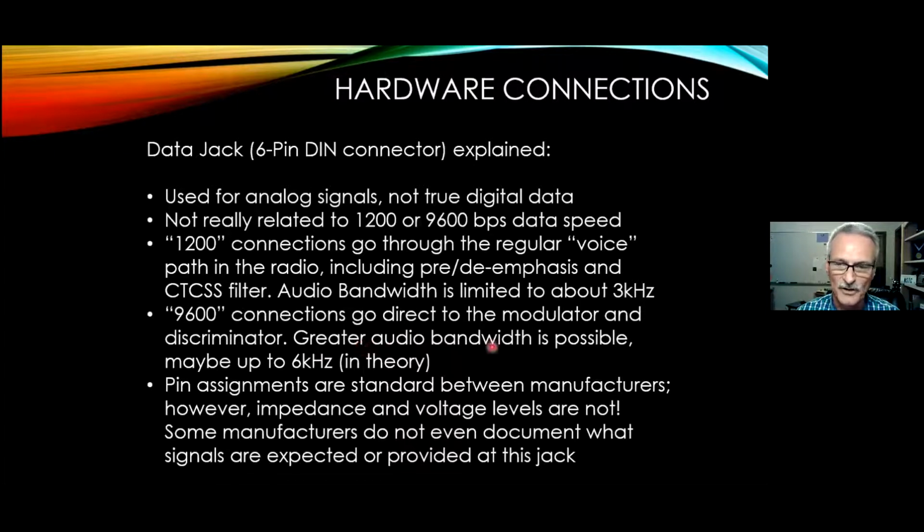And so we're going to get the maximum bandwidth possible, maybe up to 6 kilohertz on some radios. And so that's where you're going to get the maximum throughput, if you can utilize the 9600 connections. And I will say, even if you're doing 1200 baud packet, use the 9600 connections. They will work just fine.